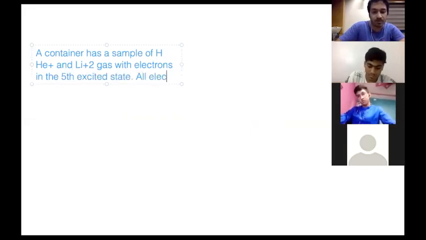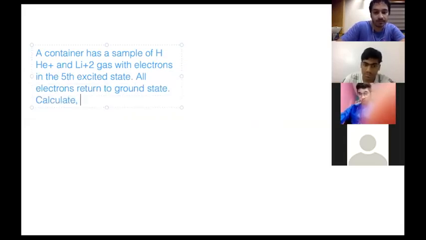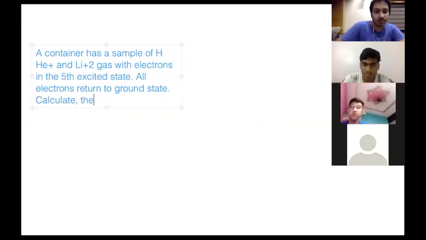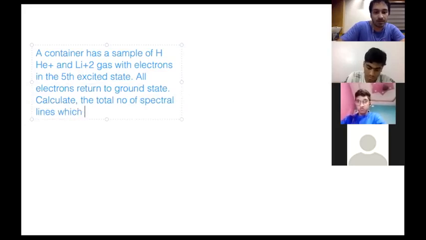All electrons return to the ground state. Calculate the max number of spectral lines, the total number of spectral lines which can be obtained.